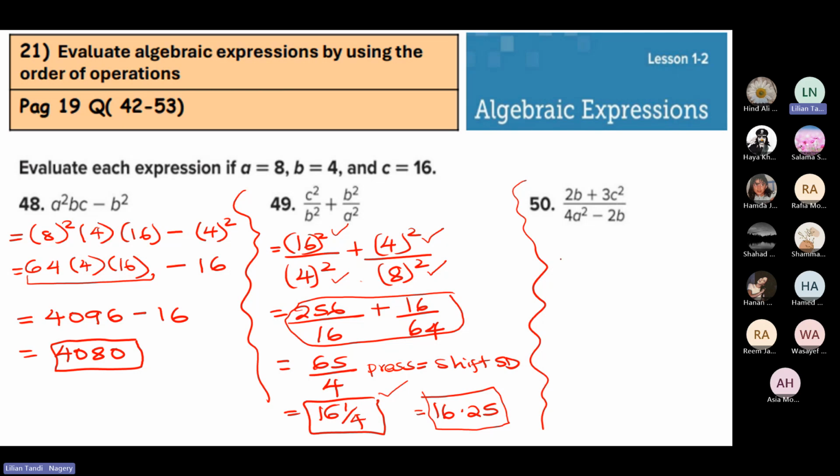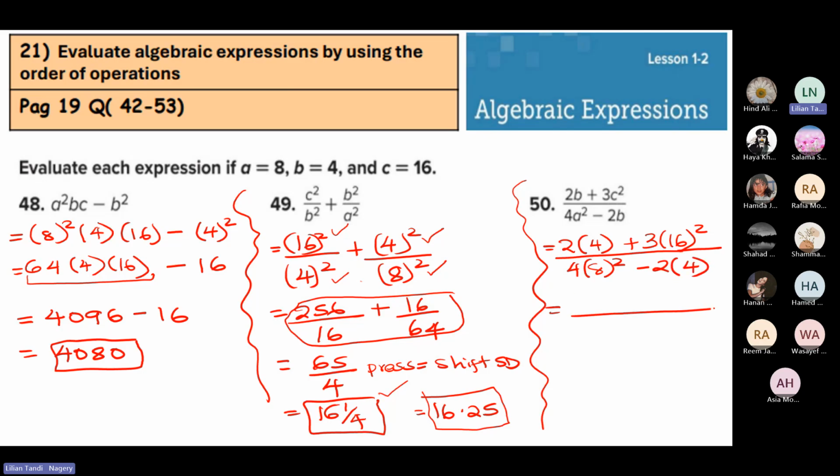All right, we move on. So now here we have 2 parentheses B, which is 4, plus 3 parentheses C, which is 16, and then it's squared, over 4 parentheses 8 squared minus 2 parentheses 4.